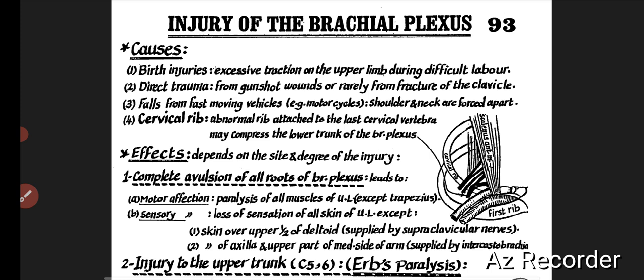It may be from birth injury, excessive traction force applied to the upper limb during labor, direct trauma from gunshot or from fracture of the clavicle, fall from a fast moving vehicle or motorcycle, where the shoulder and neck are forced apart, and the fourth one is the cervical rib. The abnormal rib attaches to the lower cervical vertebra.